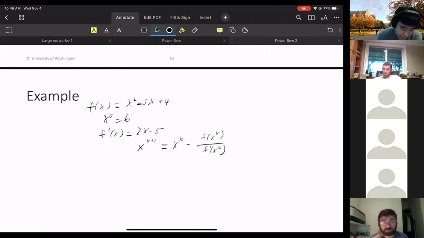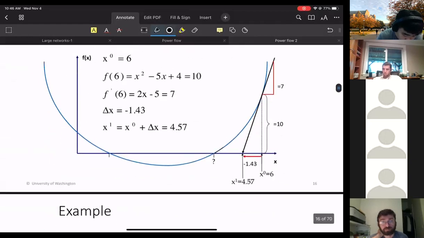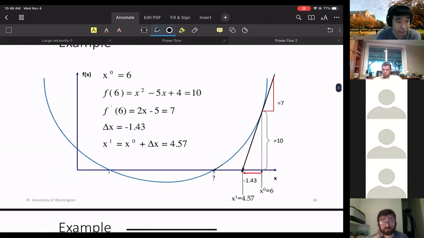We do one step, then x1 equals 6 minus (6 squared minus 5 times 6 plus 4) over (2 times 6 minus 5). You plug in all the numbers, and you get 4.7. So you are going to successively march towards the right-hand solution of this equation.